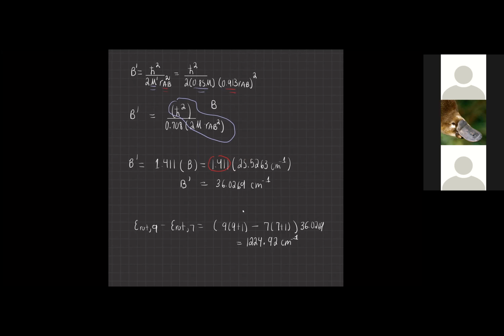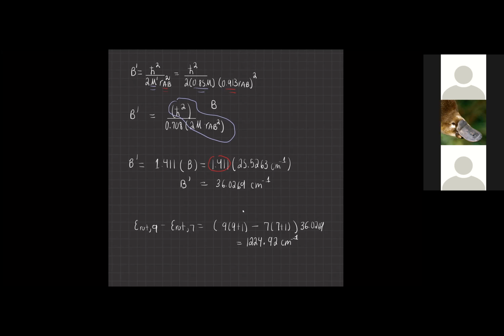Okay, so that term that you circled in blue, that's just equal to B? Yes, that's the formula we have. Okay, and B last time was 25.52. But the 0.708, how did that become 1.411?